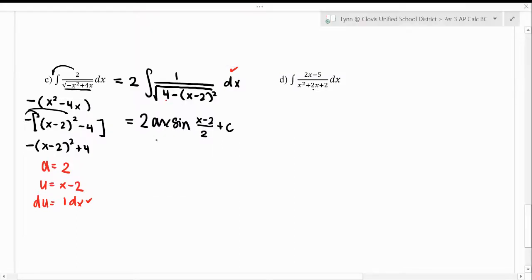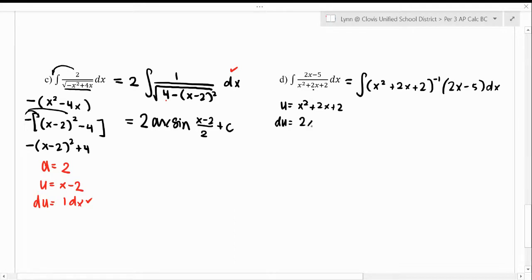So because of that, I'm going to do old school. Old school meaning just like 2 nights ago. I'm going to rewrite and pull that x squared up to the top. And then I'm going to say, okay, we're going to let u equal the x squared plus 2x plus 2, and then du is going to be 2x plus 2.